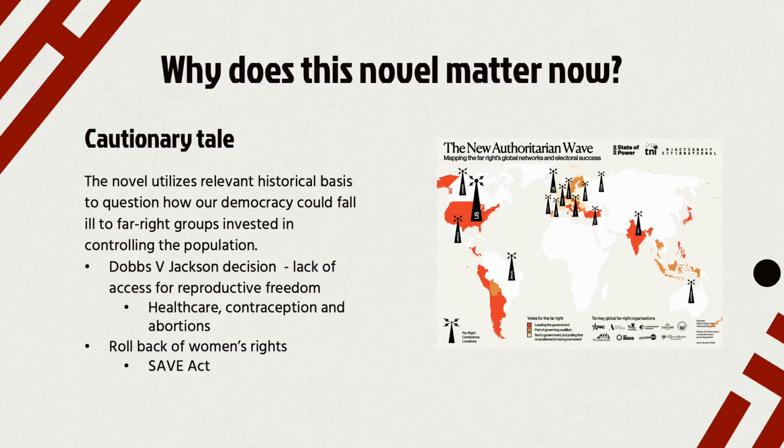It also notes how women are seemingly being targeted in the rollback of their own rights, which can be seen notably through things such as the SAVE Act, which would make it difficult for married women to vote.